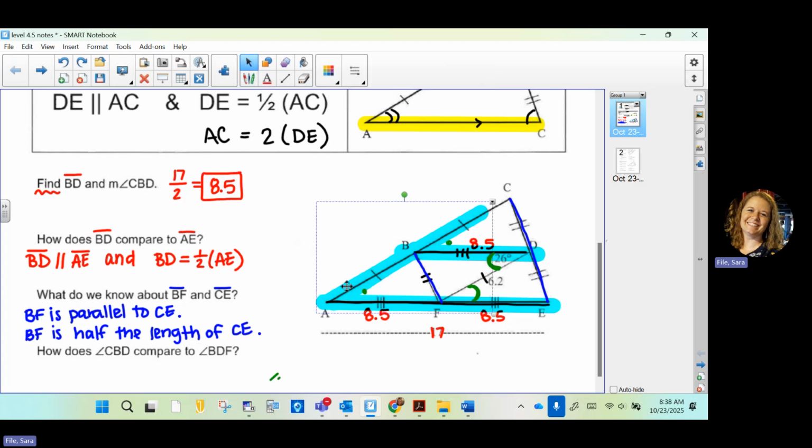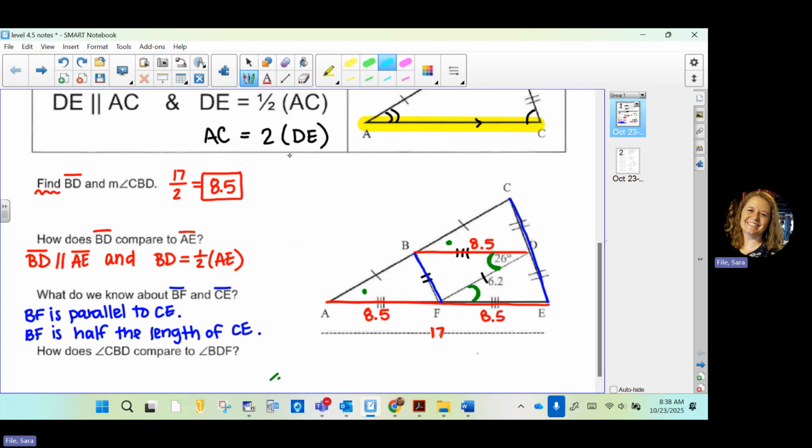Okay, so now let me move my highlighting to show you something else. If I focus on a different set of parallel lines, the blue ones here, and a transversal, it's not the transversal we want.